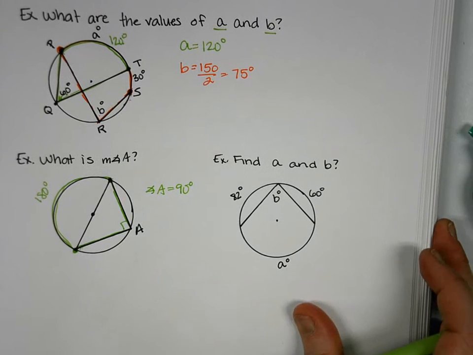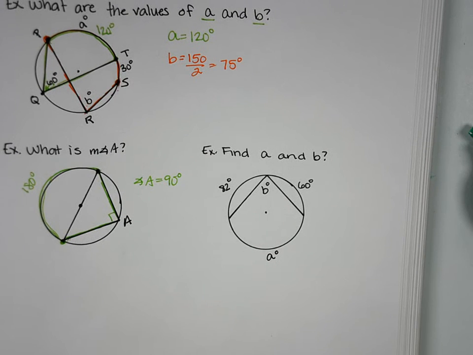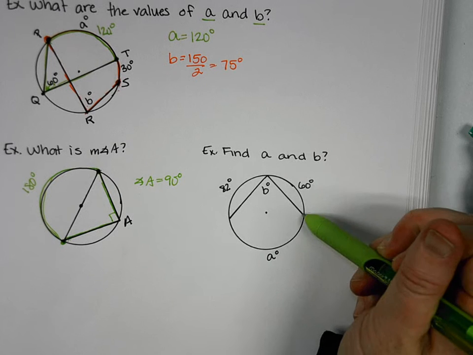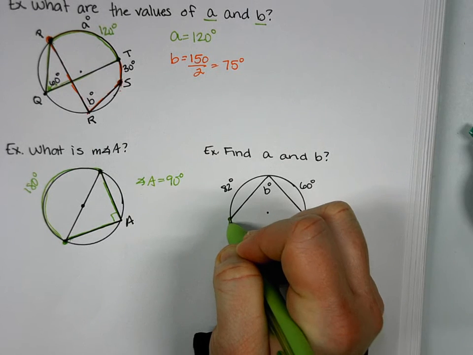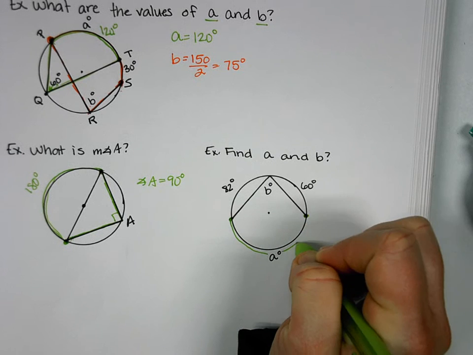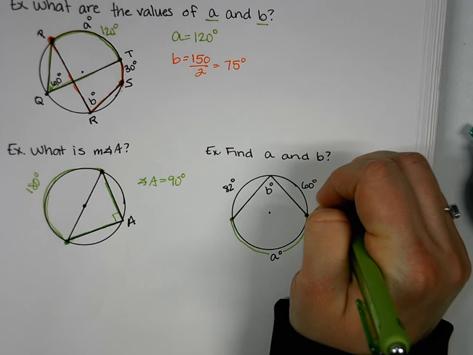Okay, what about the last one here? Again, we're finding A and B. So A is the arc from here to here. How might we figure out A? Chase? 360 minus 60 minus 82.